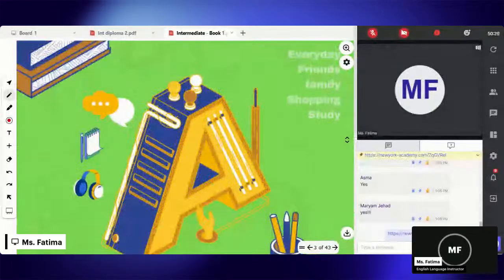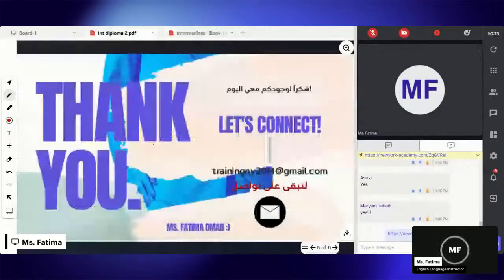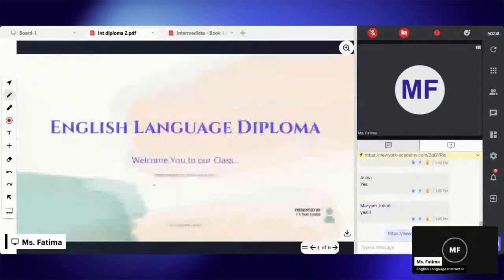Wonderful. So we have been talking all about the quantifiers, and we said that we use them to show what? We use the quantifiers to show what? Quantity.